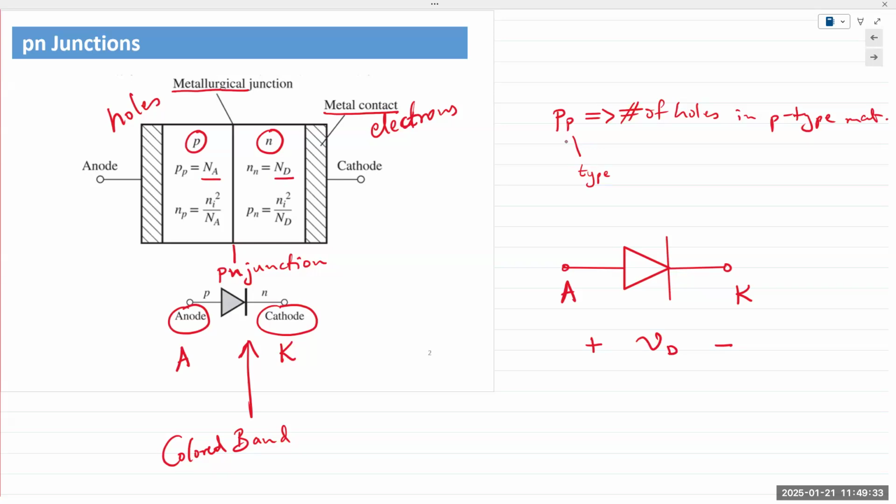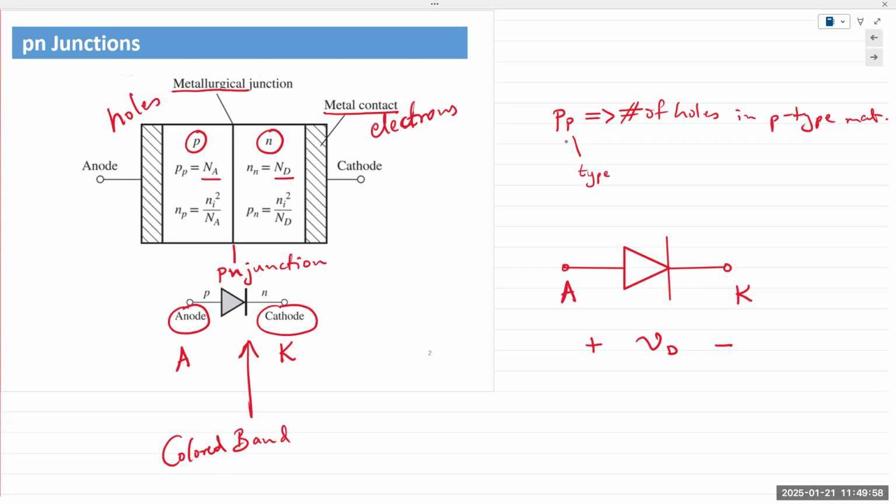So if we say diode voltage is 0.6 volts, it means that the anode is 0.6 volts higher than the cathode. If we say diode voltage is minus 10 volts, that means the anode is 10 volts less than the cathode. So the reference is always positive at the anode, negative at the cathode.